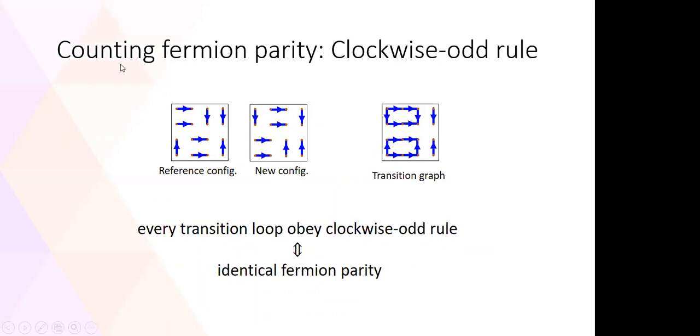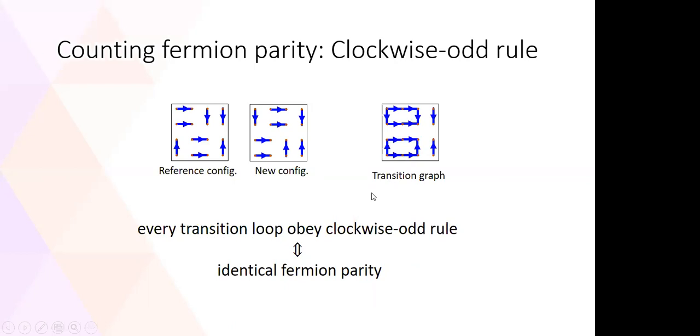For these two states to have the same fermion parity, what we want is for every loop to obey the clockwise odd rule. So if we go along the loop and we count the number of links that point against the way we're looking, we want this to be odd.